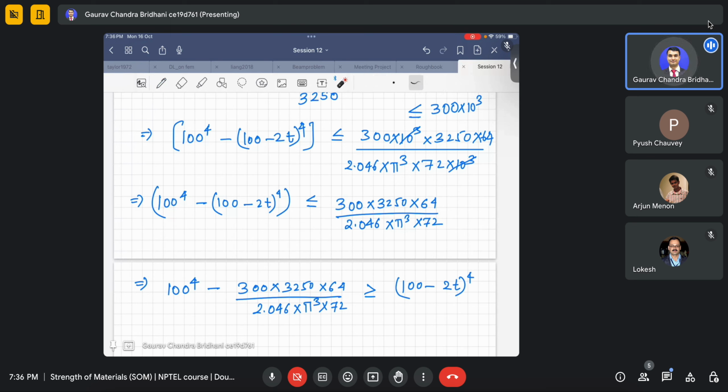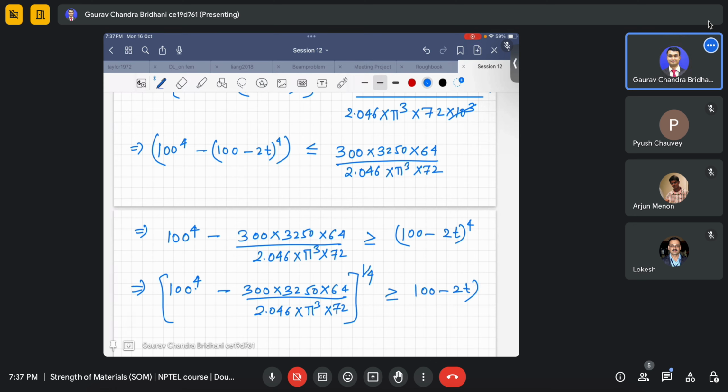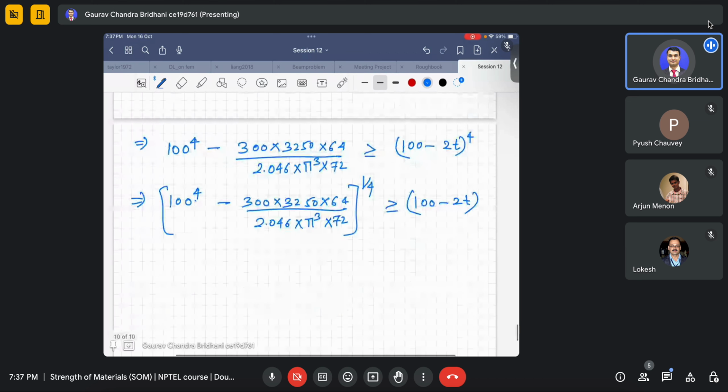If you can find the value of this, then take the fourth root of that also. I'll keep writing, you just find it. I'm writing the formula so that others also understand what I'm trying to do. Just check what this value is coming.